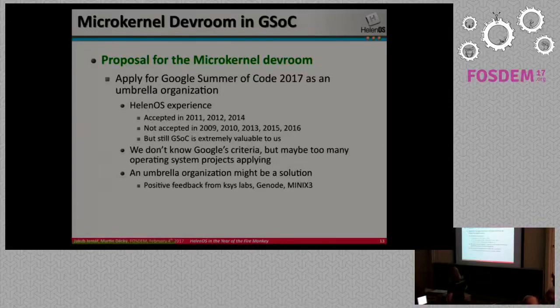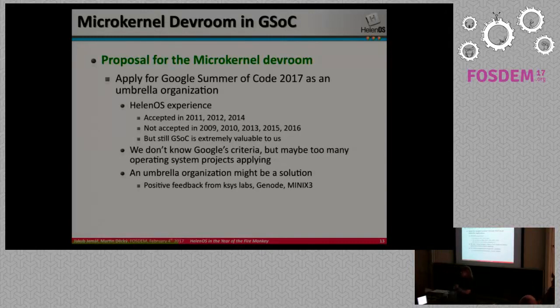We weren't accepted 5 times, but still, we see Google Summer of Code as a very valuable thing for a niche software project, because it really spreads the awareness of the project more than anything else, I would say.